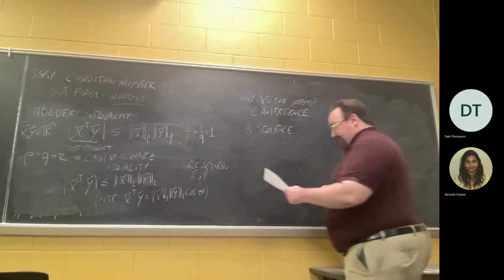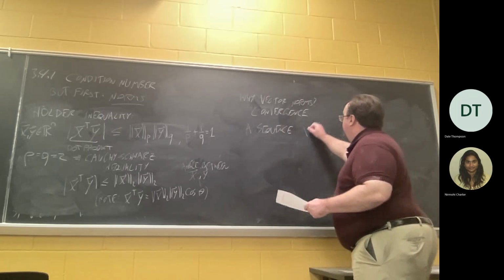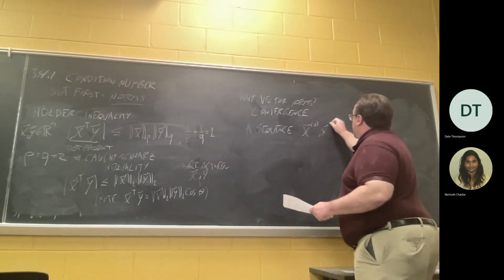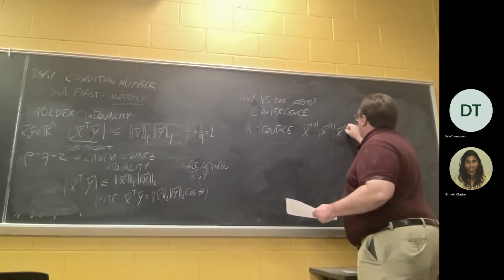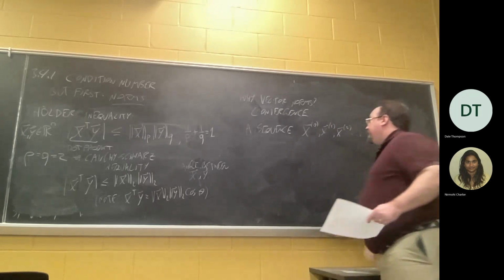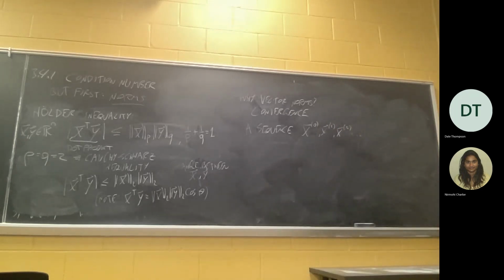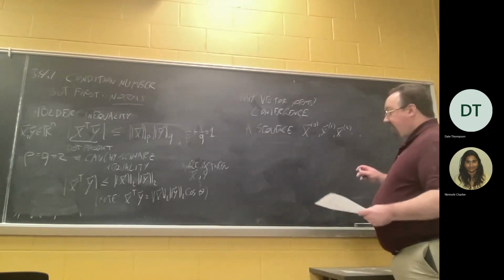So the sequence of vectors x^(0), x^(1), and so on. The superscript in parentheses is used as an index, so it's the number of the iteration.